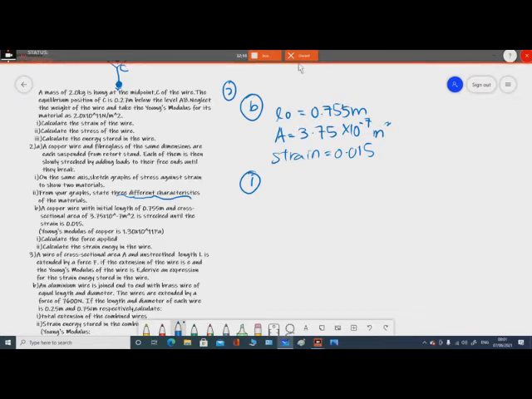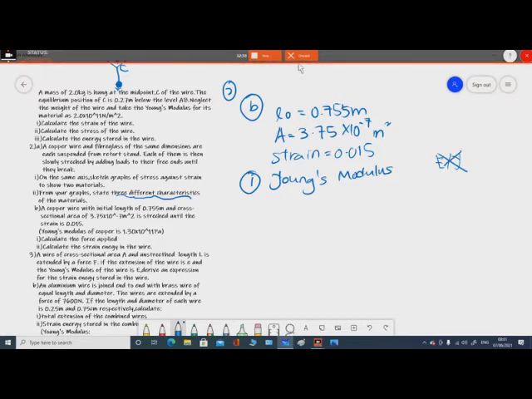We know that the Young modulus, you have to note, actually has no symbol of its own unless given by the question, which is E or Y. But if the symbol is not given in the question, then the symbol is not applicable.